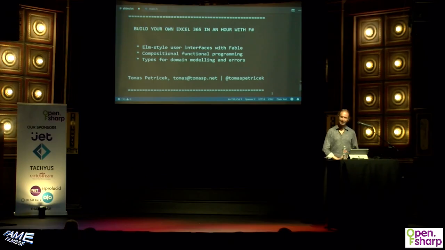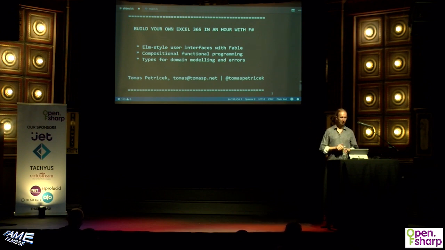So that's it. Thank you for coming. The summary is: Elm-style user interfaces with Fable are great because they give you a really nice model for doing UIs. Compositional functional programming spans across multiple things like defining the domain model, but also writing the parsers.